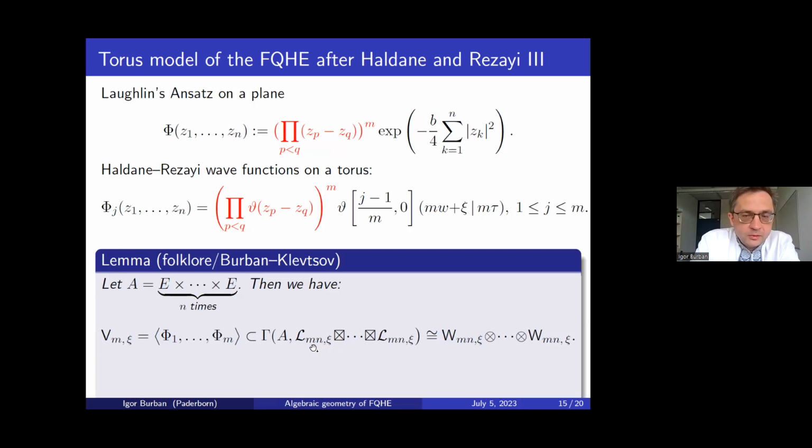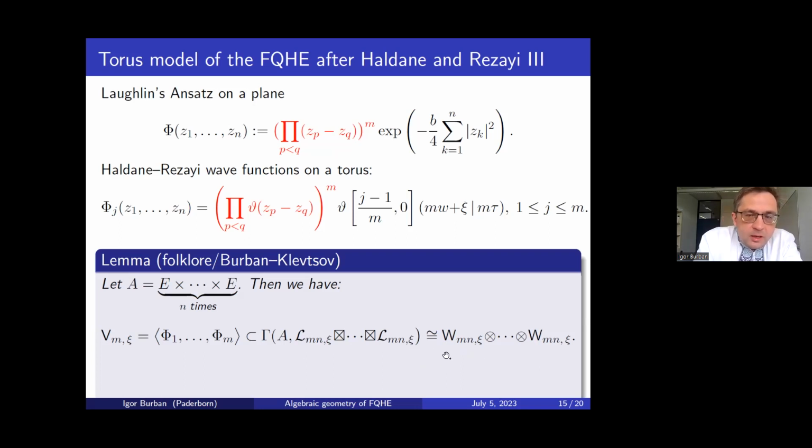Now the degree is m times n, and there is some moduli parameter. The ground state of one particle is a space of holomorphic sections, and the ground state of an n-particle system is a tensor product of the corresponding ground states.